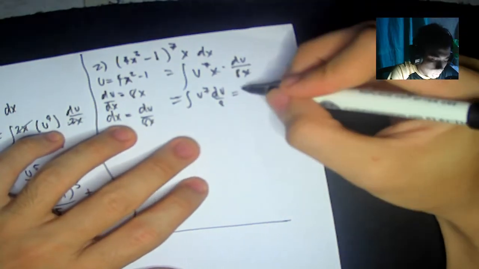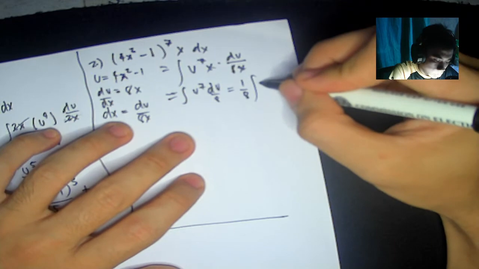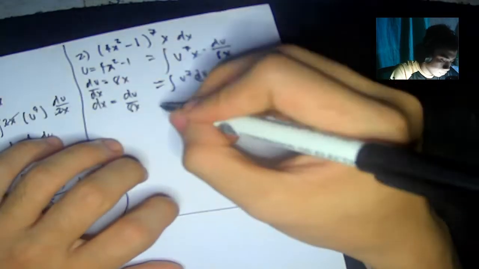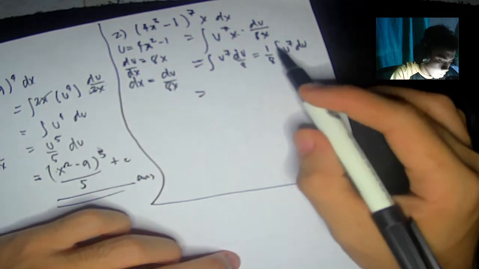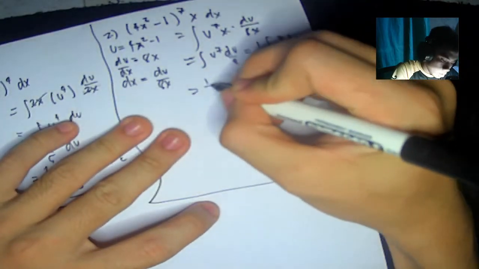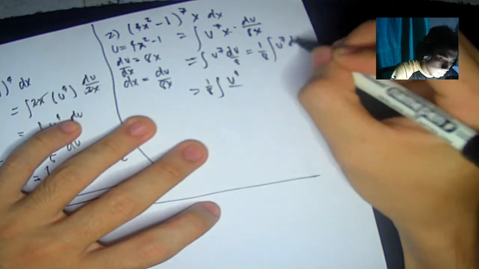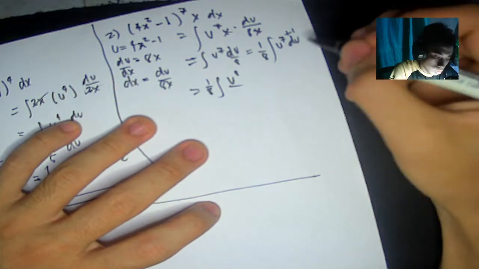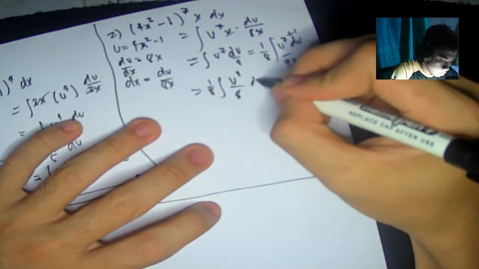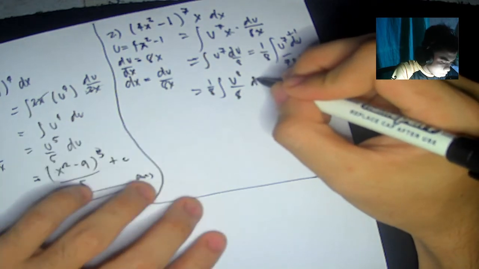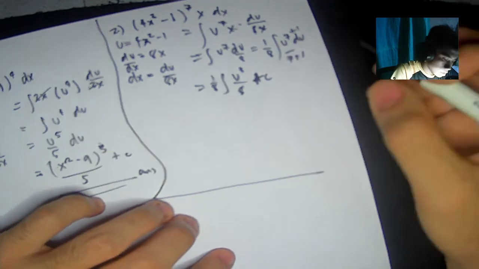The denominator 8, just put 1/8 out of the integral of u to the 7th du. So we'll have 1/8, and when we integrate u to the 7th, it becomes u to the 7 plus 1, over 7 plus 1, so over 8. So the du will be terminated. So we just add plus C.